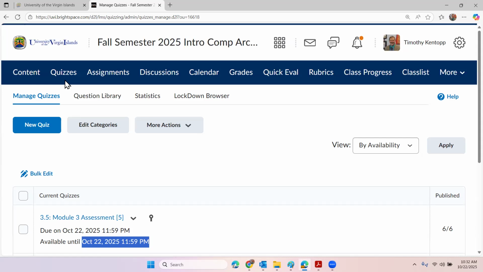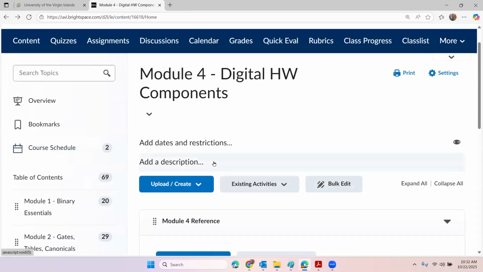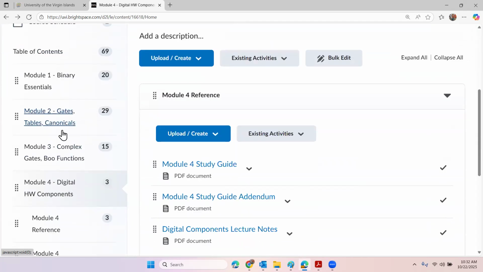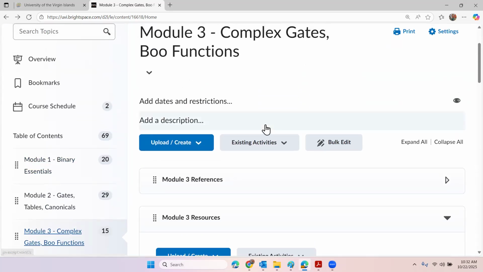The other thing I'd tell you is that beginning with this module, when we're finished, I will not be taking up class time for item analysis. You sort of graduated here. We went through a couple of sessions where we reviewed the items on the assessment that posed the greatest challenge.